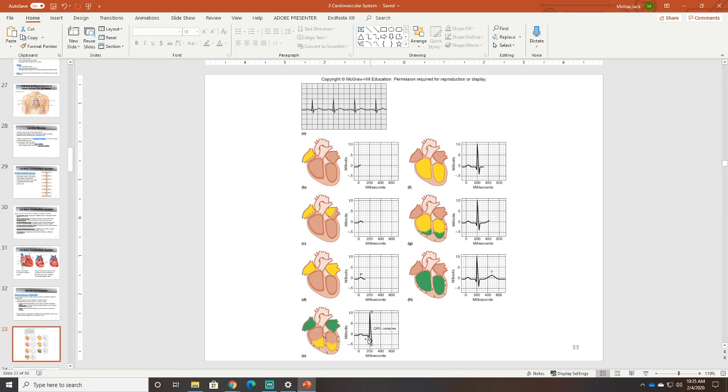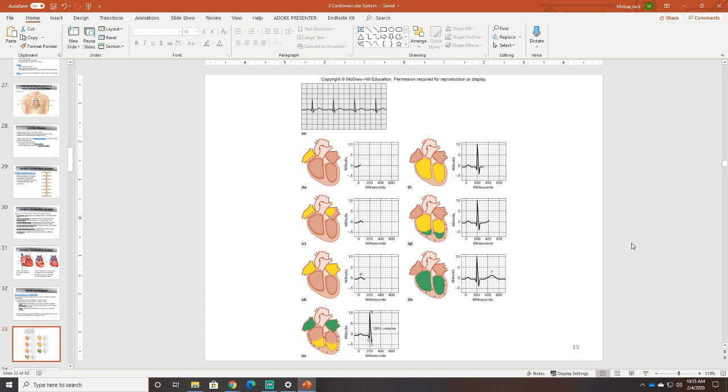Now, we can't see that on the ECG because the QRS complex, the propagation of that signal through the ventricles, is just a much larger electrical event, and so it masks atrial repolarization.